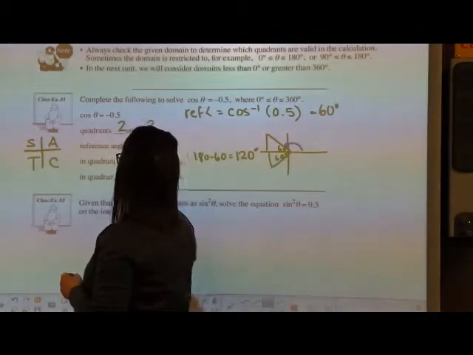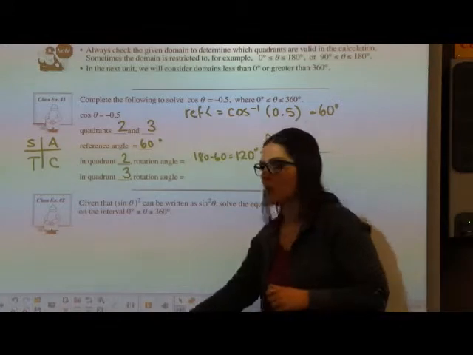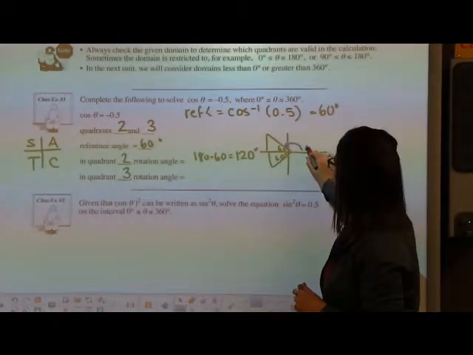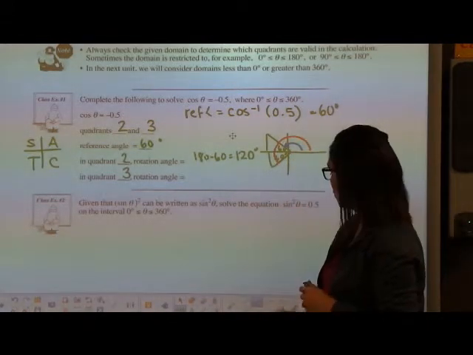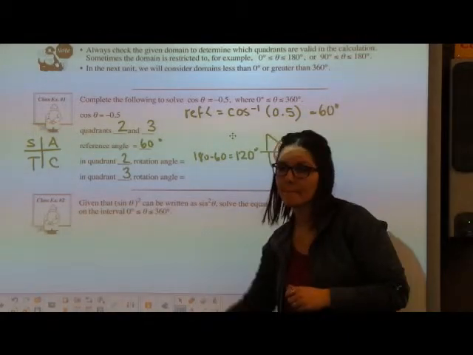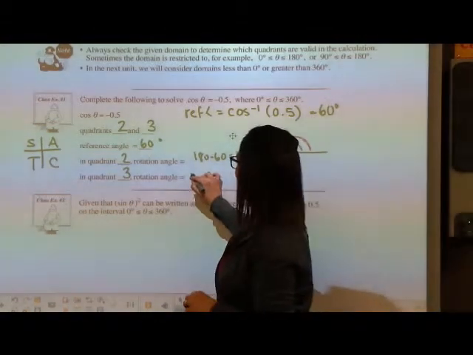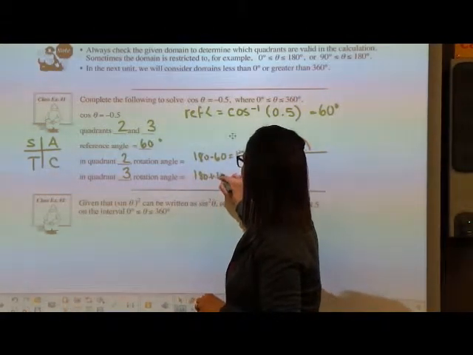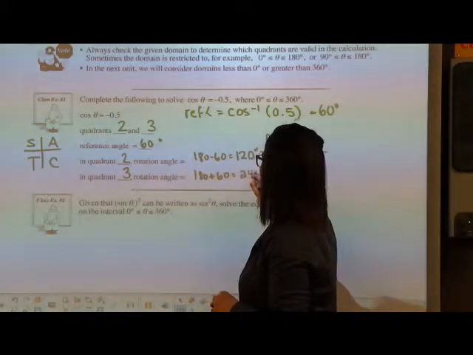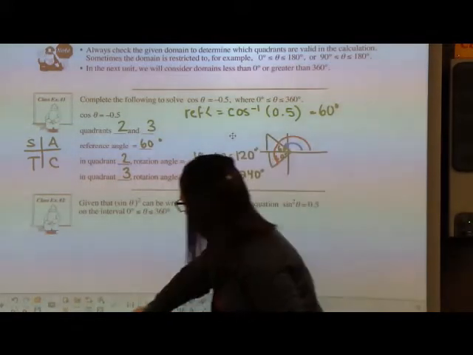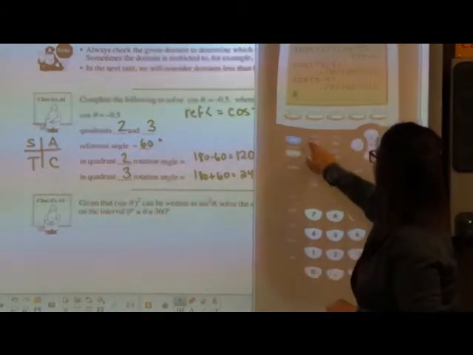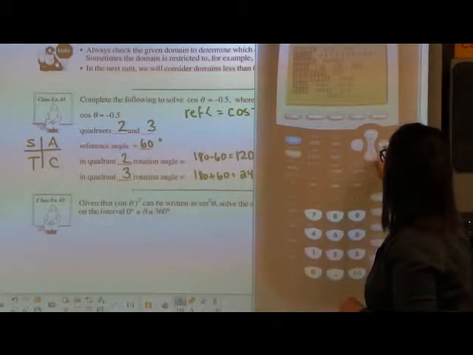In the third quadrant, my rotational angle would be what? 180 plus 60 degrees, which would equal 240 degrees.